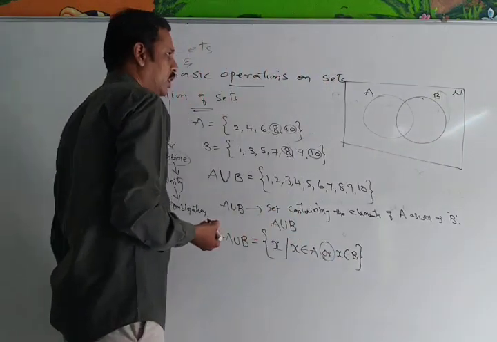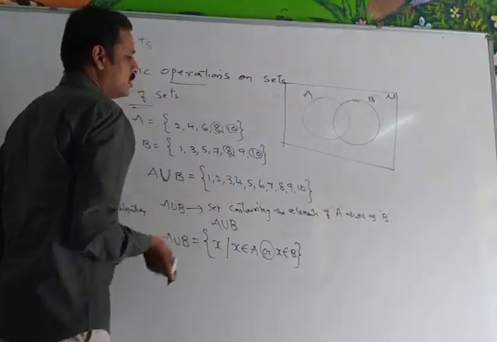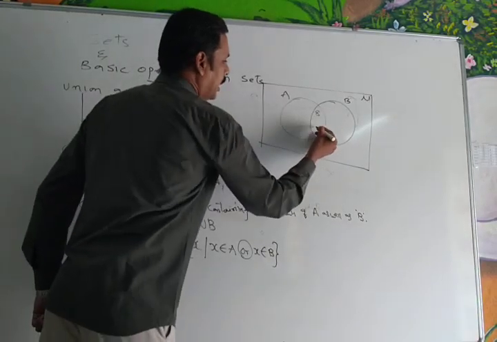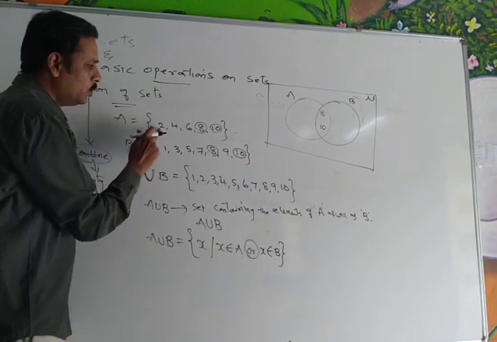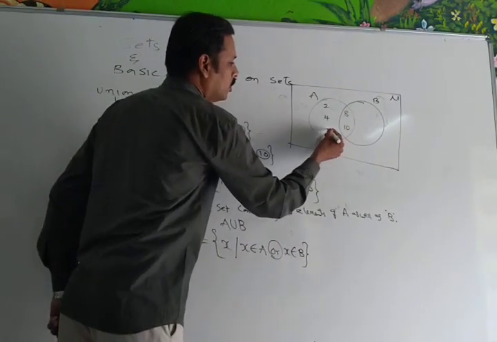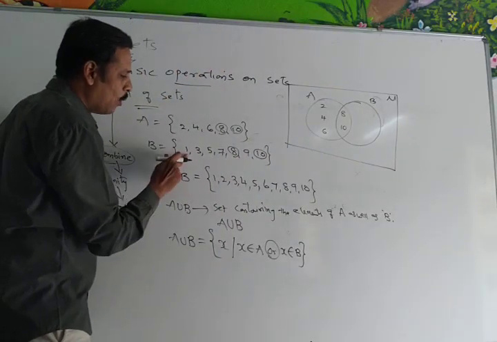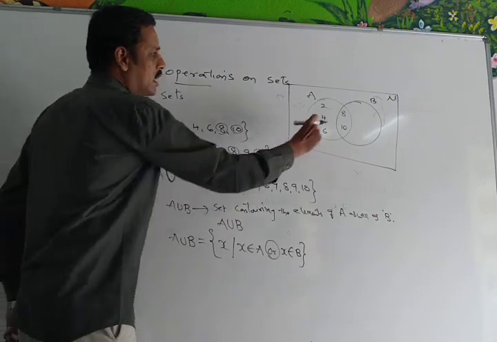Now set A, what are the elements of set A? First of all, this is the common location. So in the common region, what are the elements? 8 and 10. So here I am writing 8 and 10. Now what are the remaining elements of set A? 2, 4, 6. So here I am writing 2, 4, 6. Now the elements of set B are 1, 3, 5, 7, 8, 9, 10. So the common elements are 8 and 10.